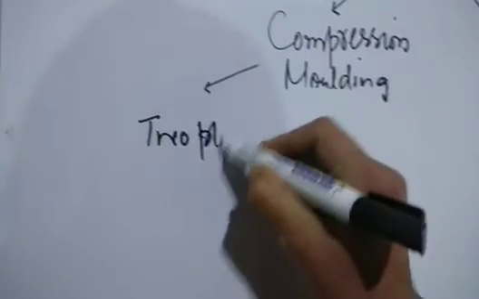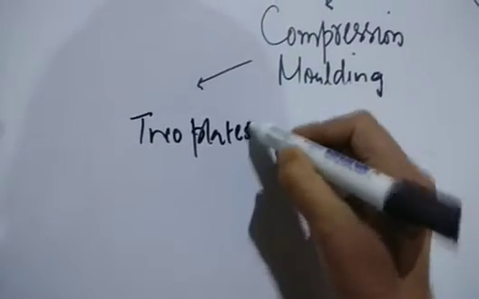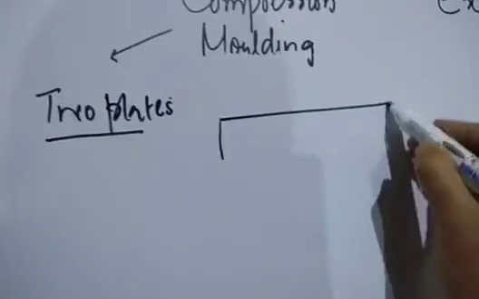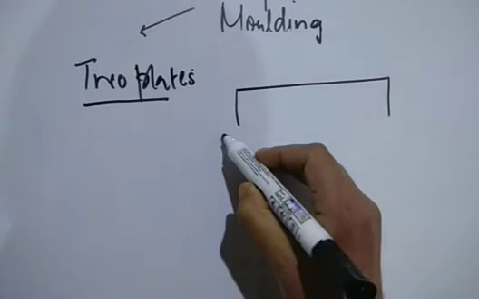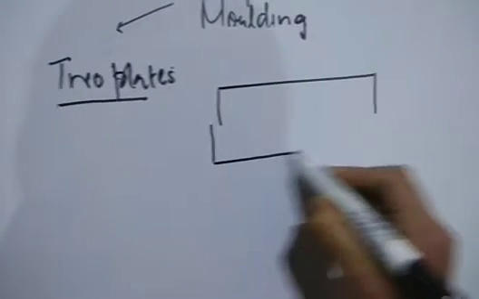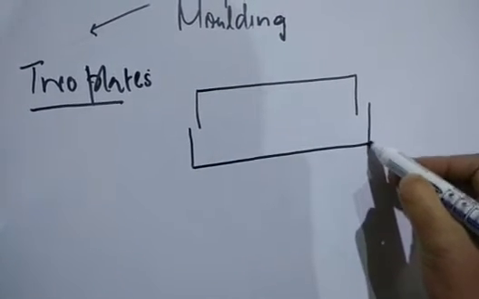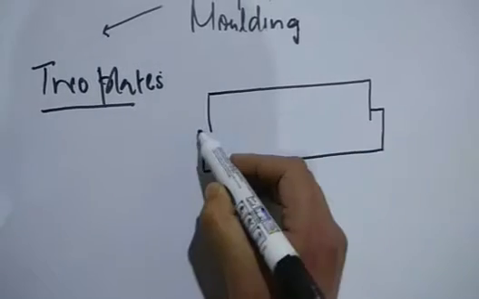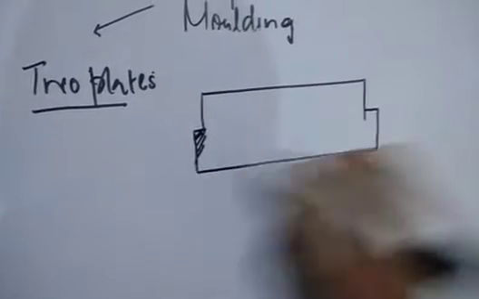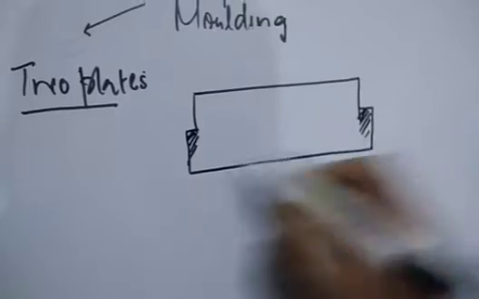I am going to explain the basics here. So one is the upper plate and one is the lower plate. It's not that simple, but I'm trying to make it simple for the benefit of the students. Otherwise it's not so simple.